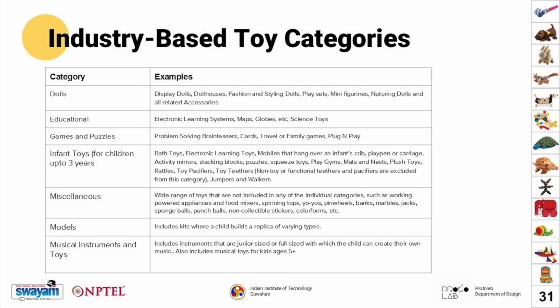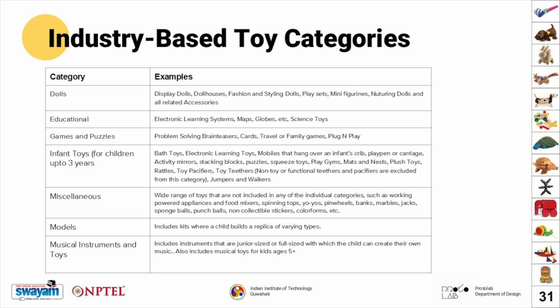And finally, educational toys, including early STEM kits, globes, maps, and science-based toys. Next, we have games and puzzles, a major global category that includes family games, cards, brain teasers, and travel games.